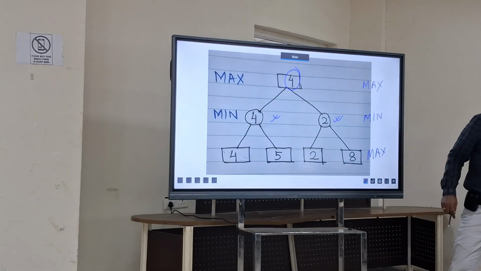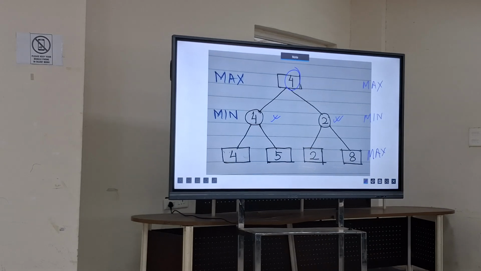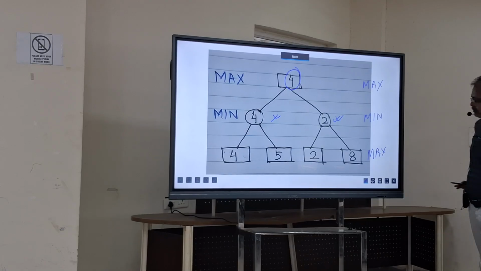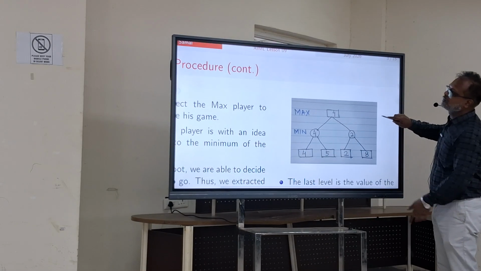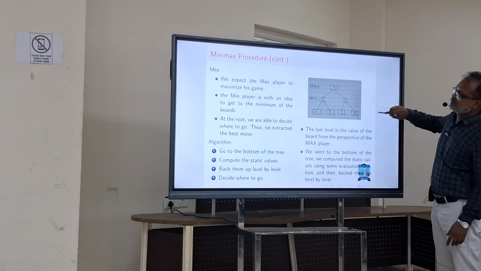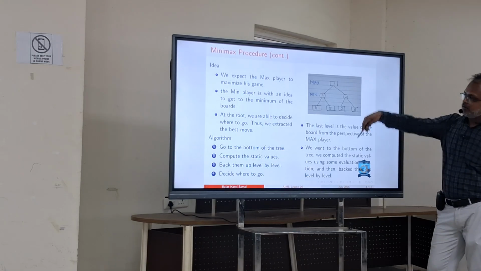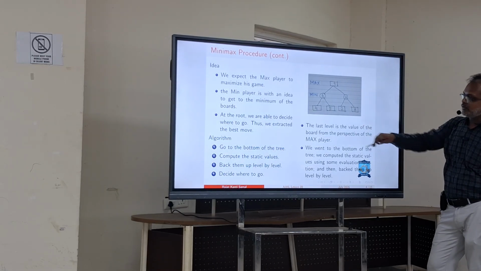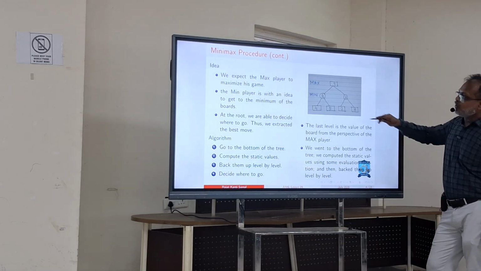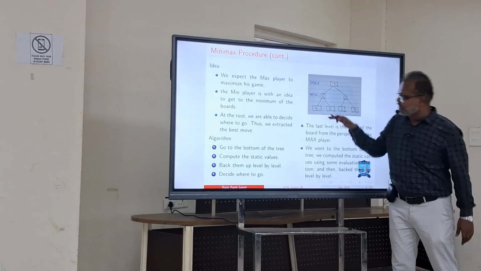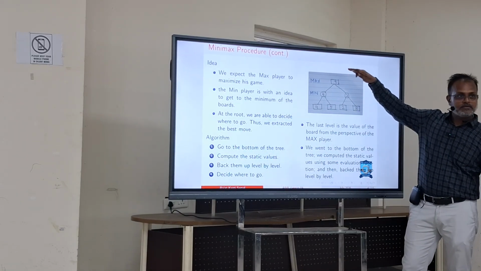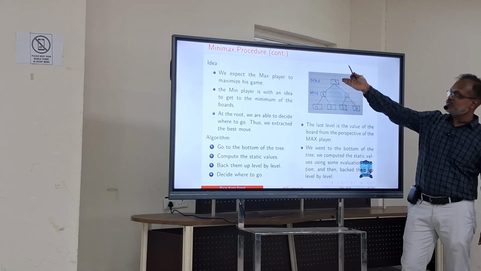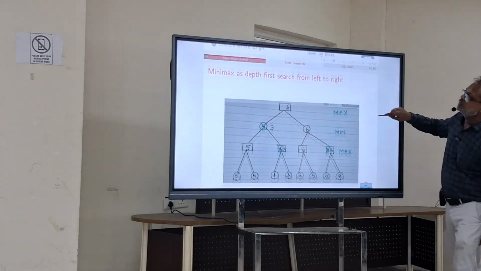Okay. So this is a typical Minimax procedure for game. You can go through it. The explanation is given here. Okay. So we back up from the bottom of the tree. From the bottom of the tree we back up, and then we decide the best move from the top.